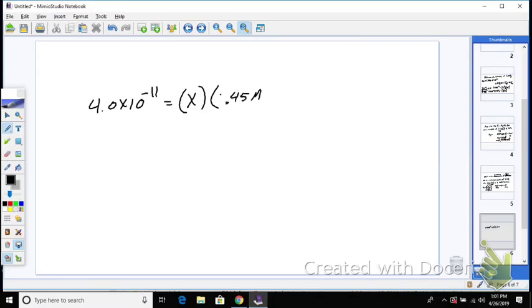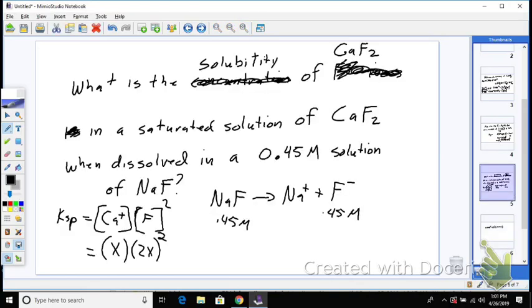Okay, so 0.45 molarity plus 2x. I need to explain what I mean by that. On the original, our solution had NaF, right? So on our original, we said that there was 0.45 molarity of fluorine, correct? Plus the 2x.